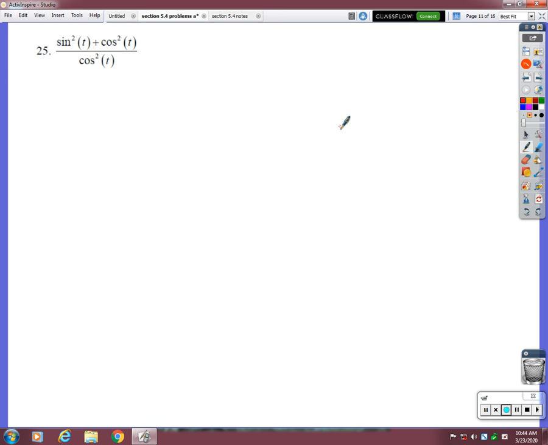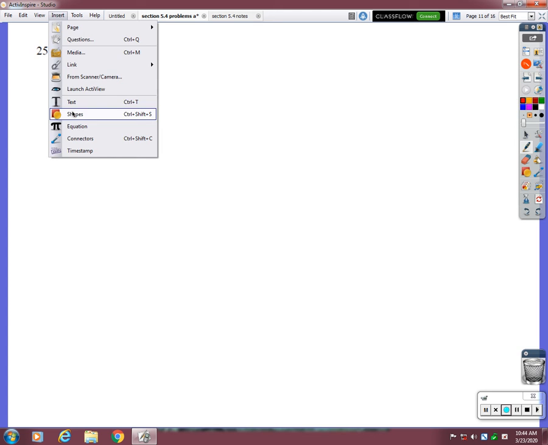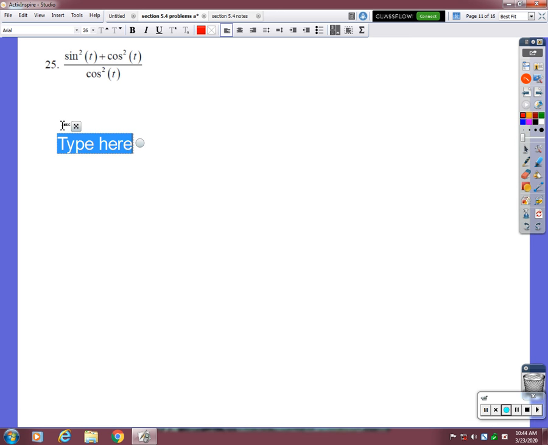Alright, 6 to go. Ooh, some squared things. This is actually the easiest problem ever in the world, because all of you know that sine squared, no matter what the variable is, plus cosine squared is equal to 1.